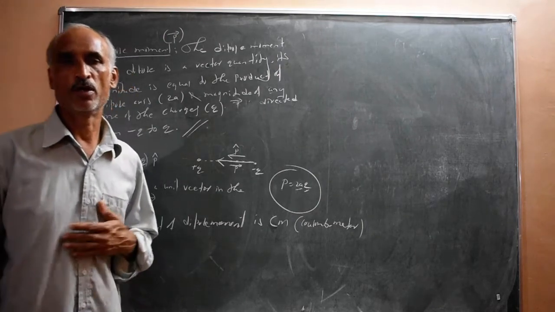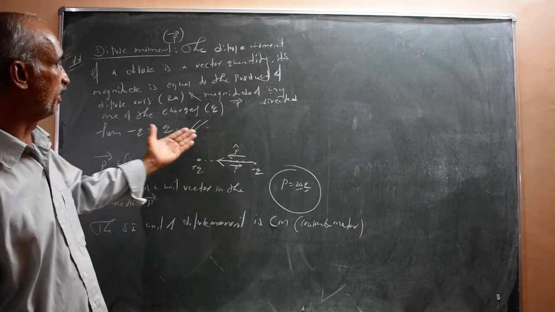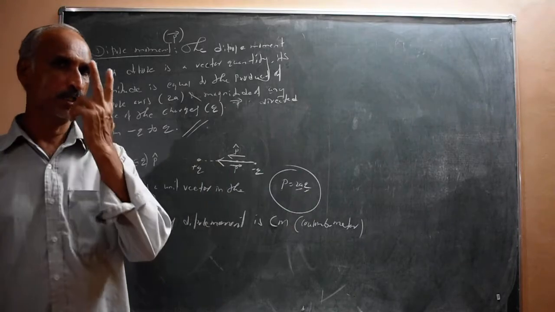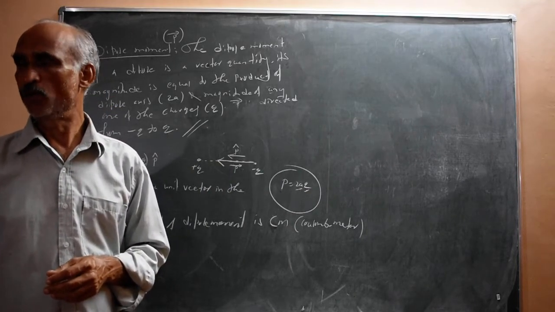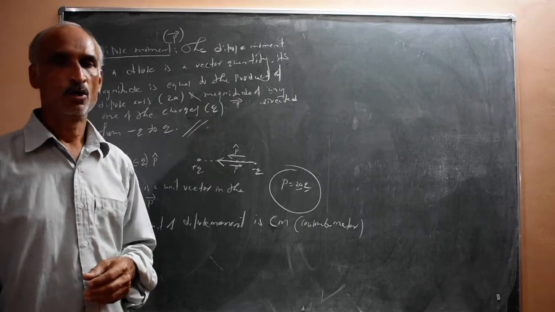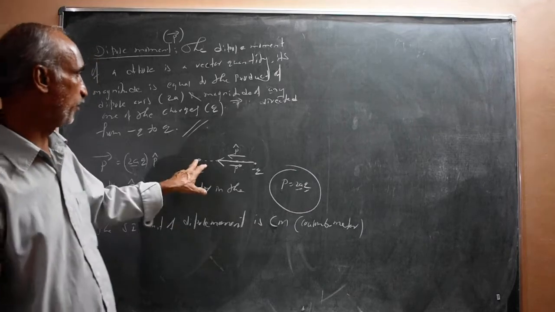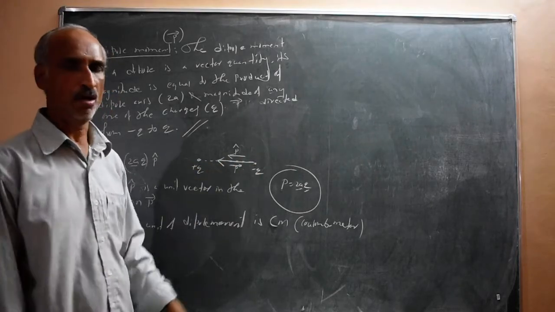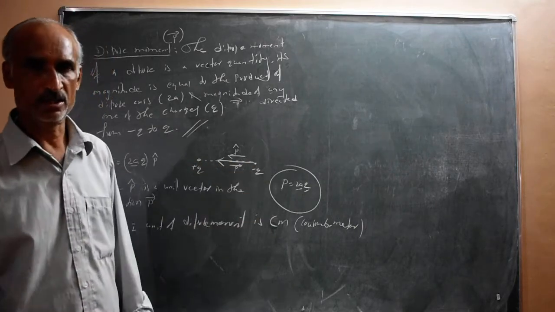I am going to take two important derivations regarding the field generated by this dipole. A dipole is a pair of charges which are equal in magnitude but opposite in polarity. Two equal and opposite charges plus q and minus q constitute a dipole, and these charges are separated by a distance 2a. The line joining the charges is called the axis of the dipole.